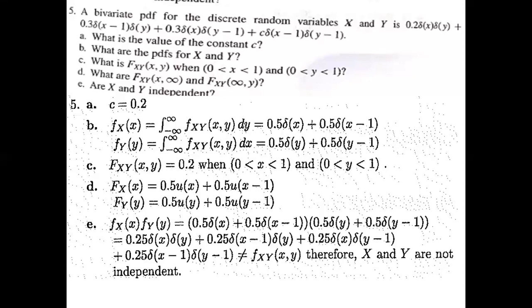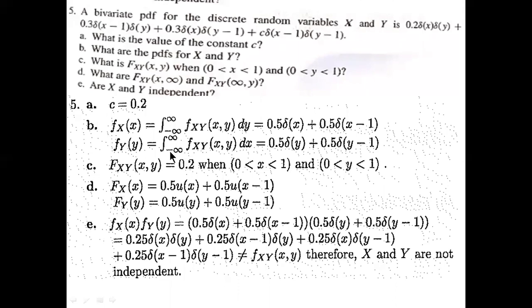Hence we get 0.2 + 0.3 δ(x), that is 0.5 δ(x), and 0.3 + 0.2 δ(x−1), that will again be 0.5 δ(x−1).